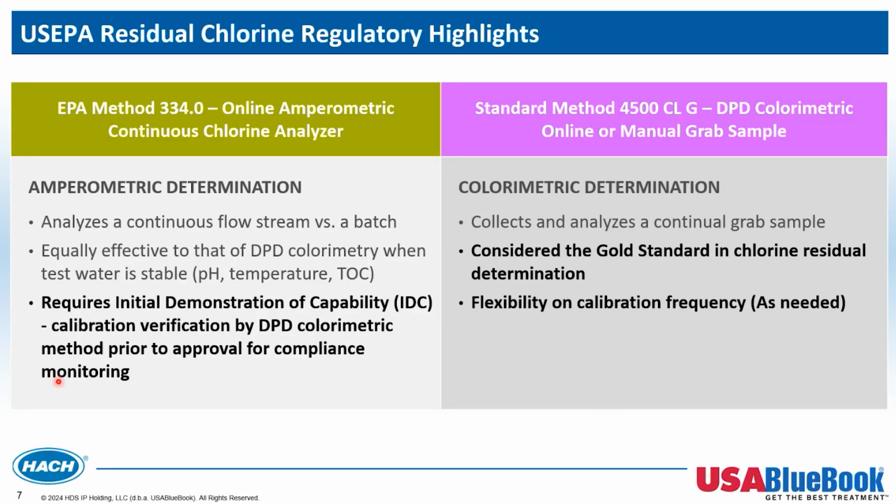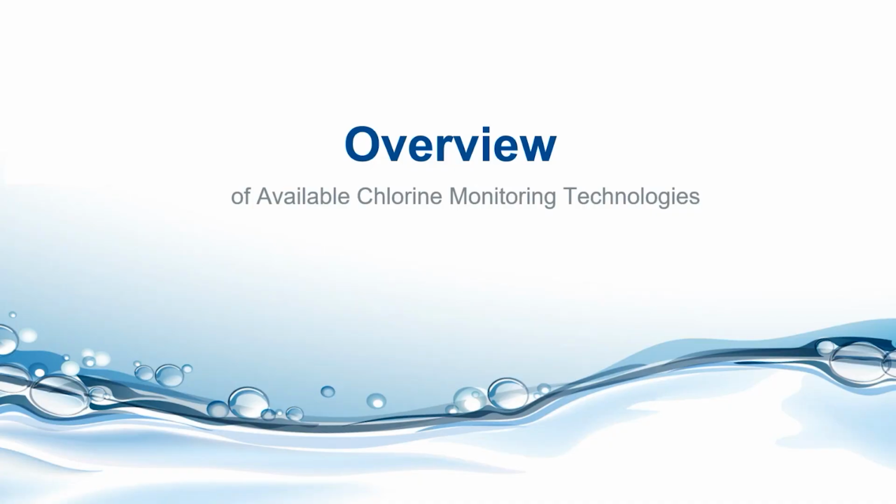And as I said, US EPA does not approve instrumentation, it approves methods. And from that standpoint, the online Amperometric technology can be approved for regulatory reporting using the method 334. All right, it's confusing enough. So let's jump to the overview of available chlorine monitoring technologies, which is more technical, but less confusing, I hope.